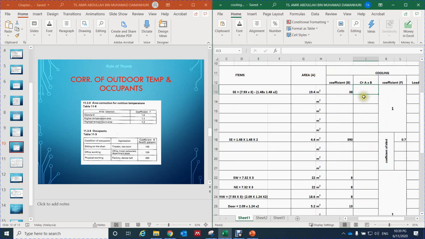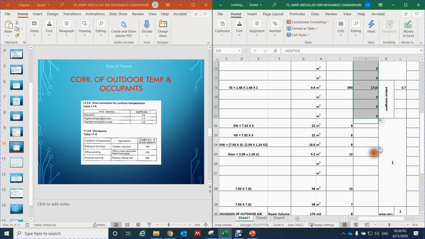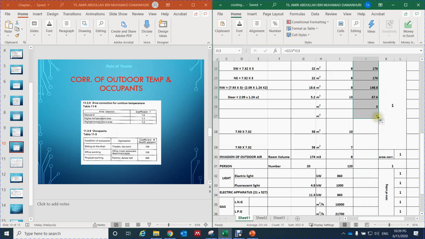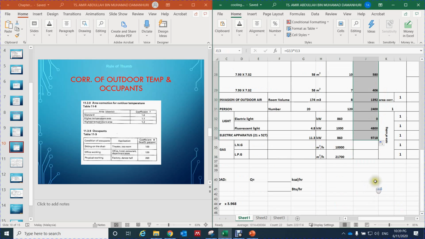Now we move into the C, where we just use the Microsoft Excel formula. It is A times B, so A multiplied by B, which is 73. Alright, so we just drag it to get the answer here.